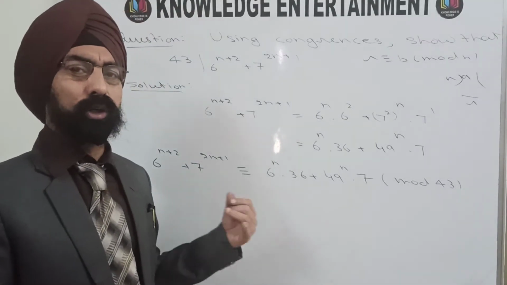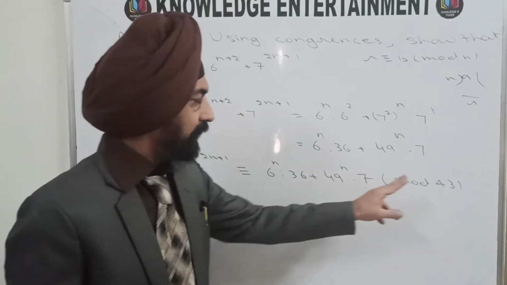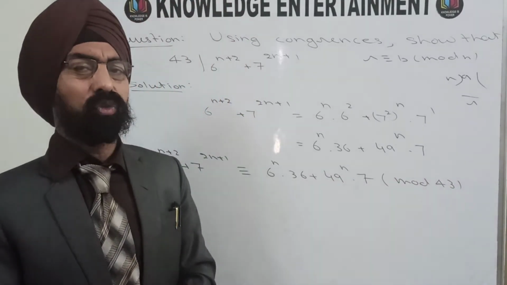Here the same thing I am going to do. It is 49, and if you divide 49 by 43, what will be the remainder?